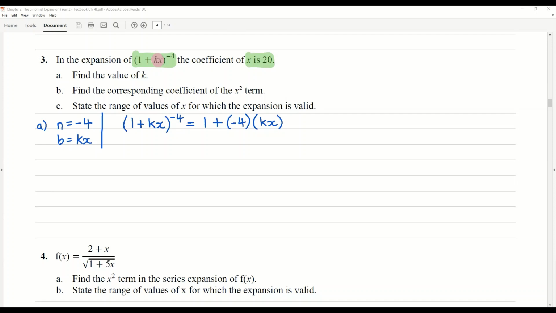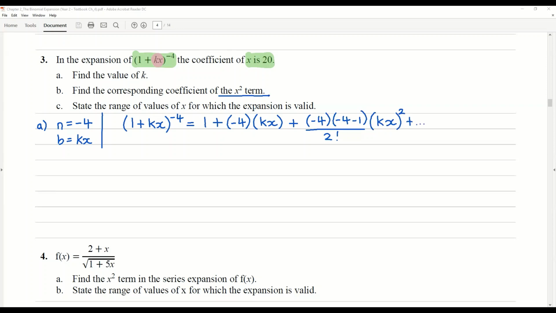But if I just scan ahead for part B, it will ask us to find the corresponding coefficient of the x squared term. So it would be a good idea to do another term here so we can use it in part B. So that's going to be n times n minus 1 over 2 factorial, and then it's the b part squared. Okay, and then there will be other terms as well.